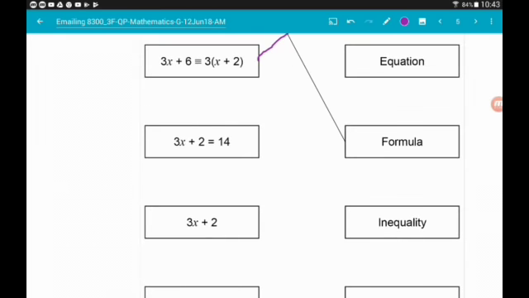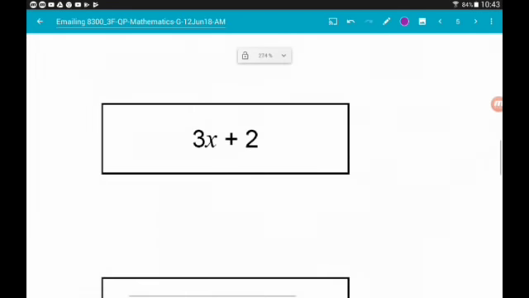So there's equation. 3x add 2. Well, there's only one letter, but more importantly, there is no equal sign. So this thing is not an equation. We call this an expression.